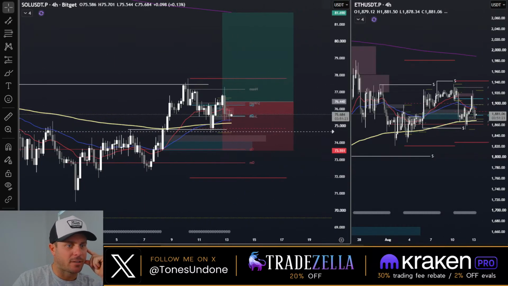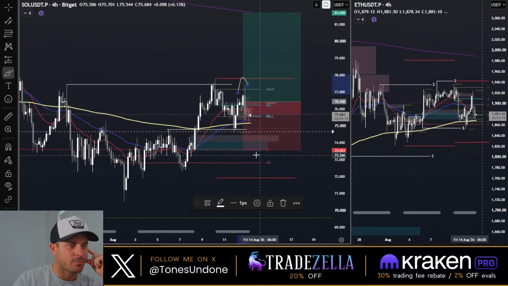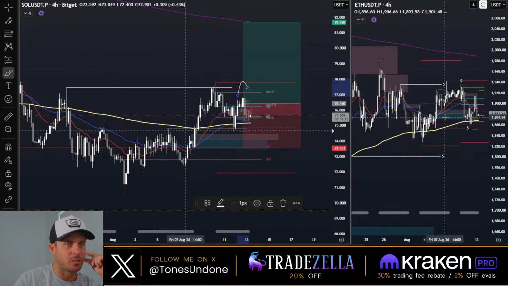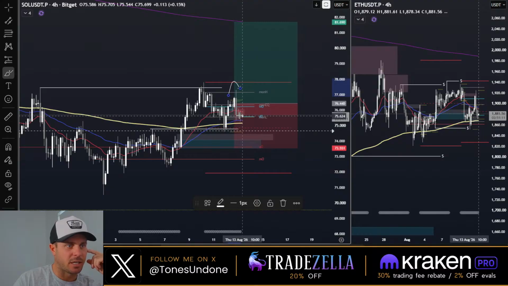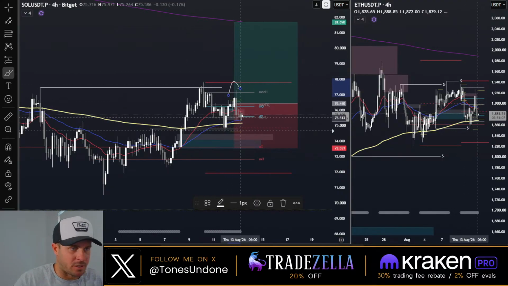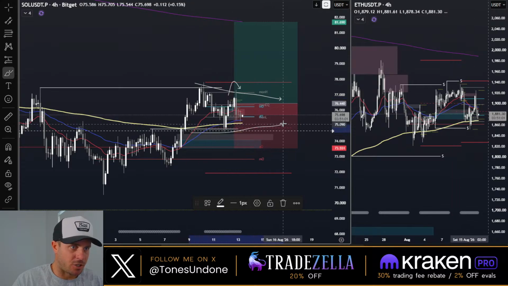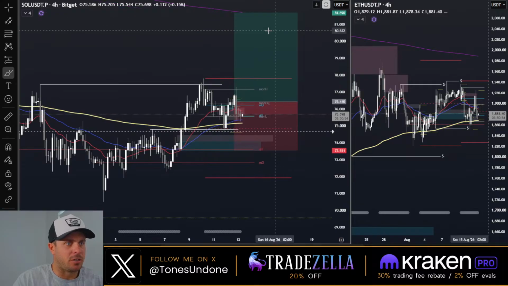But we created a lower high here, and I wasn't so keen, and then Bitcoin and especially Ethereum showed that retest of the 4-hour. So I decided to exit this trade. I didn't really get the hold I was hoping for, but we could still range, create a triangle here and break up.